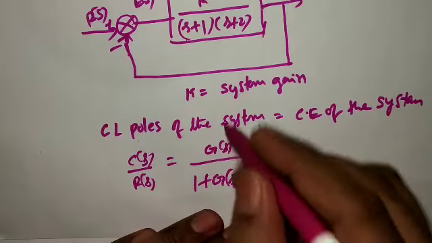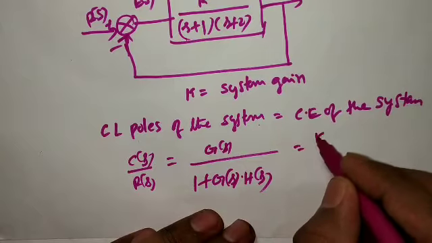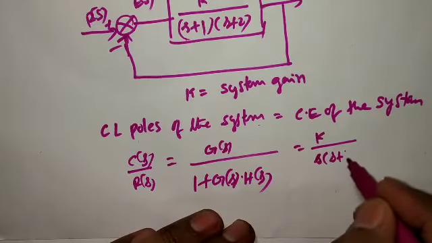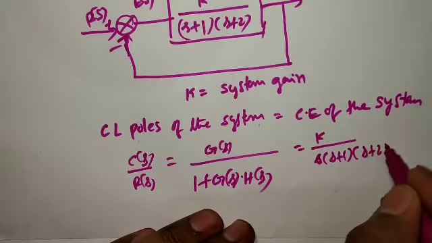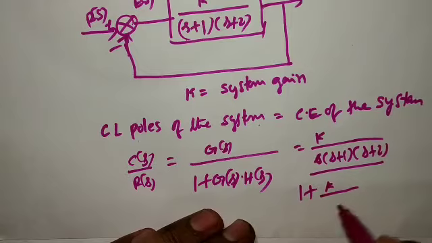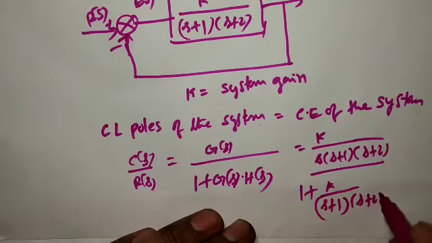What is G(s)? Here G(s) is equal to K by s into (s plus 1) into (s plus 2), by 1 plus K by (s plus 1) into (s plus 2) into 1.